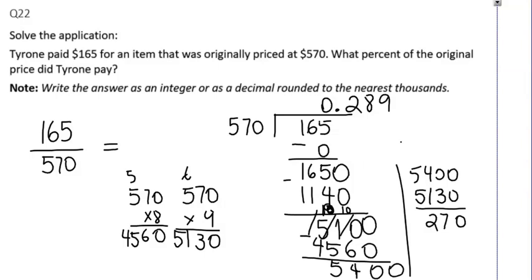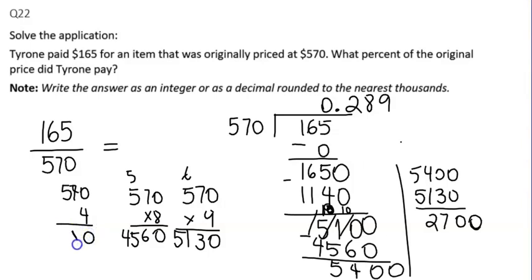So let's put a 0 here. No, I already did? No. How many times does this number go here? Try 4. Okay, let's try 4. 7 times 4, 0, 28, 22.